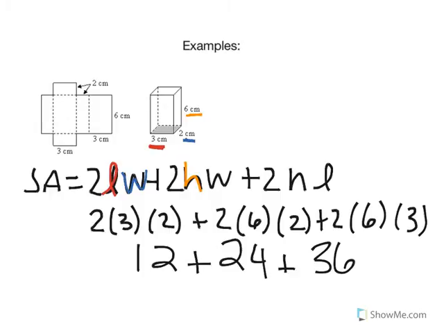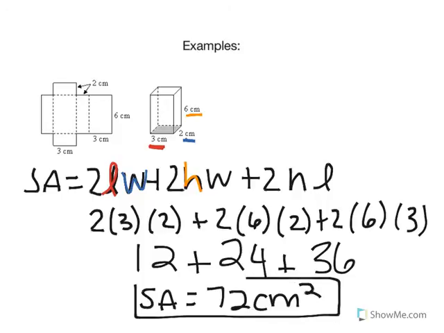So that's 36 plus 24 plus 12 equals 72. So the surface area equals 72 centimeters squared. Now remember, area and surface area, your units will be squared. Volume, your units will be cubed.